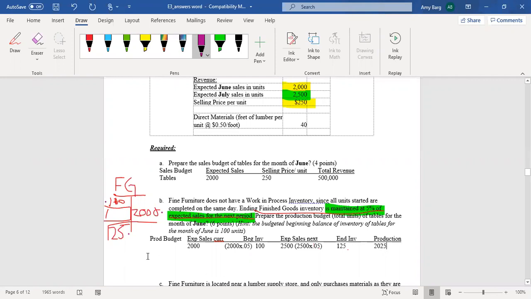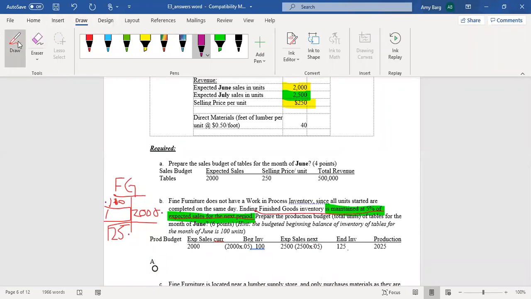Yes, absolutely. So if we call the 100 A and we call this number B and we call this C and we call this D, we know that A plus B minus C equals D. That's just the way that the accounts work.